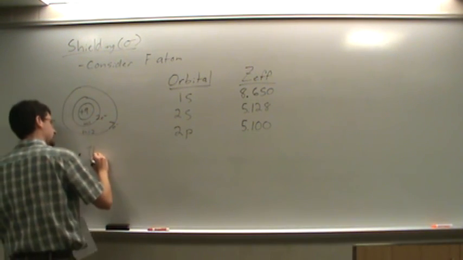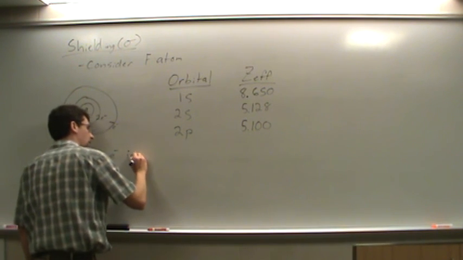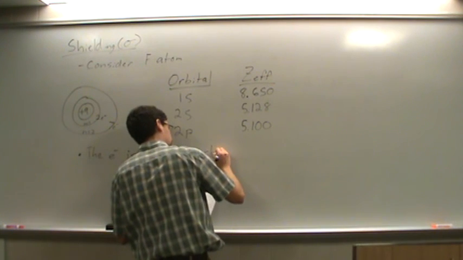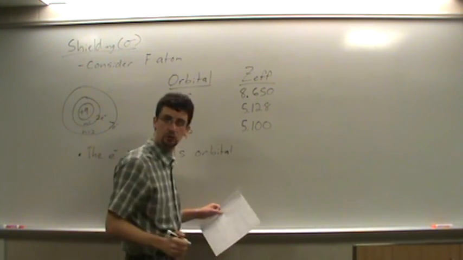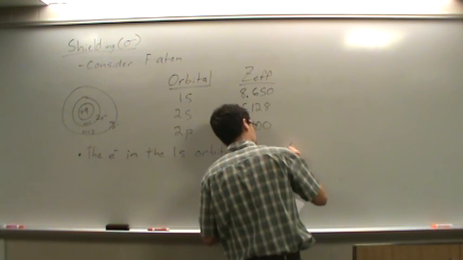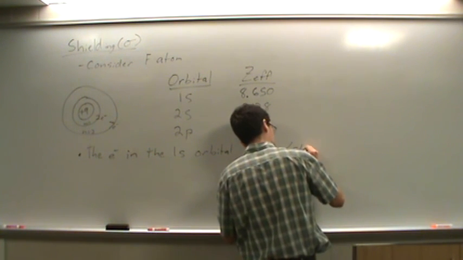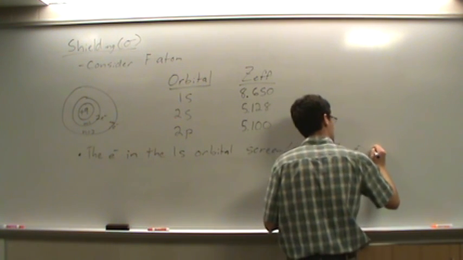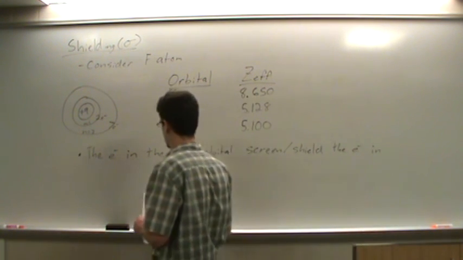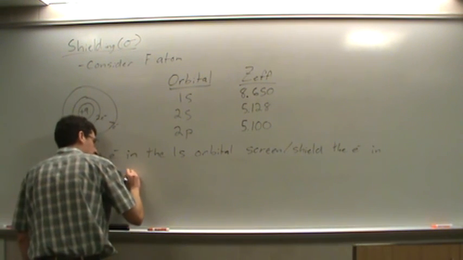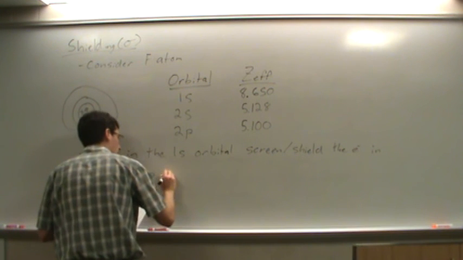The electrons in the 1s orbital screen or shield the electrons in the valence shells, 2s and 2p orbitals.